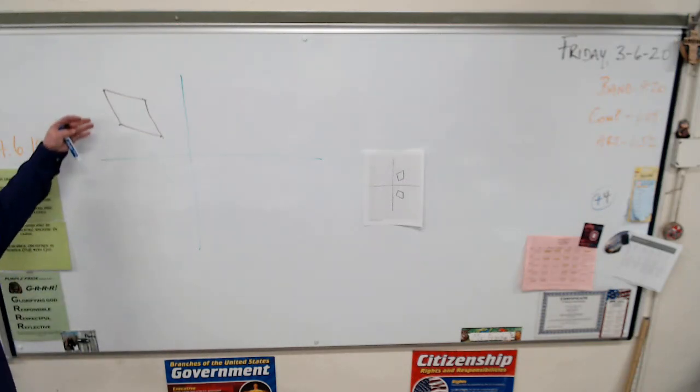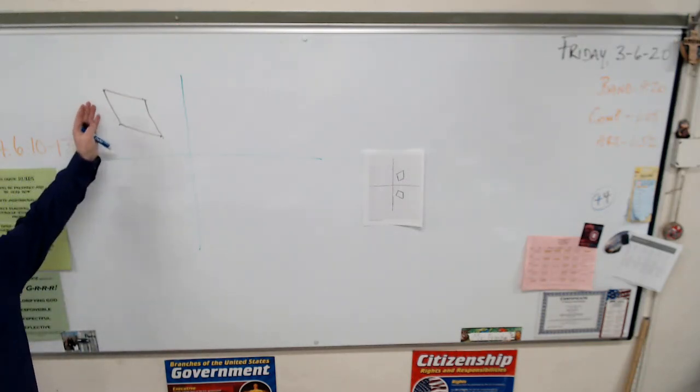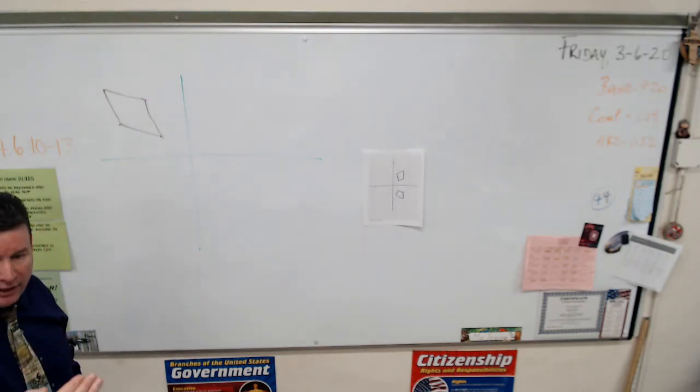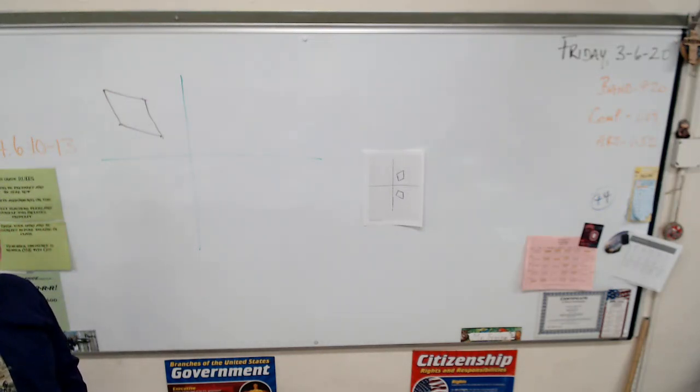And we're going to reflect it over the y-axis now, so we're only going to multiply the x-coordinate by negative 1.